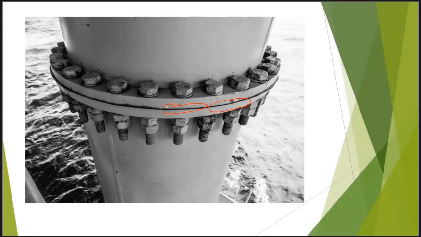If you want to make this a fluid tight joint, maximum tightness should be there, so we have to tighten to the maximum. That is the peculiarity of a fluid tight joint. If you are using this pipe joint for applications other than fluid tight, we can reduce the tightness.